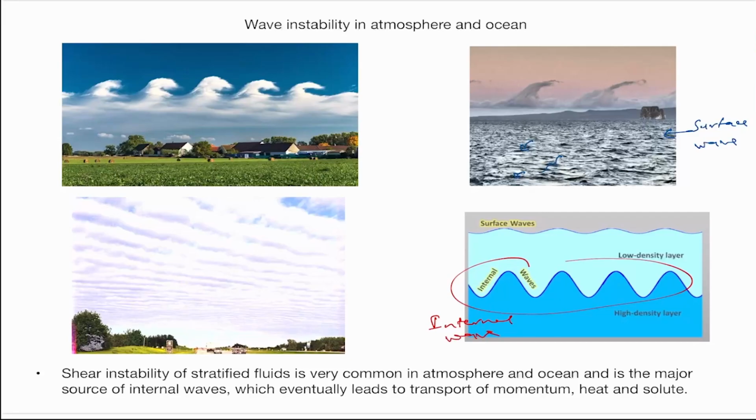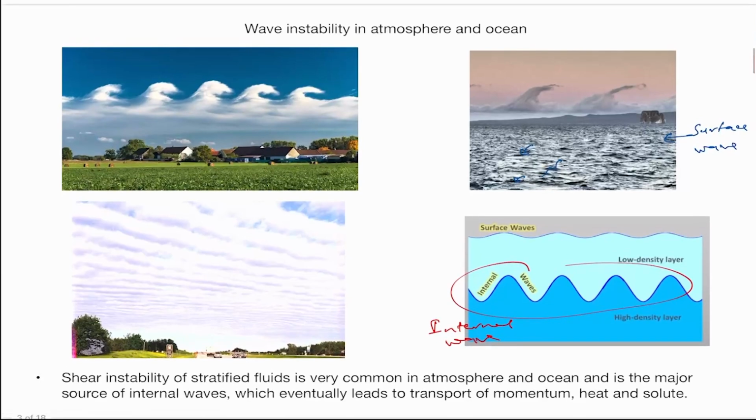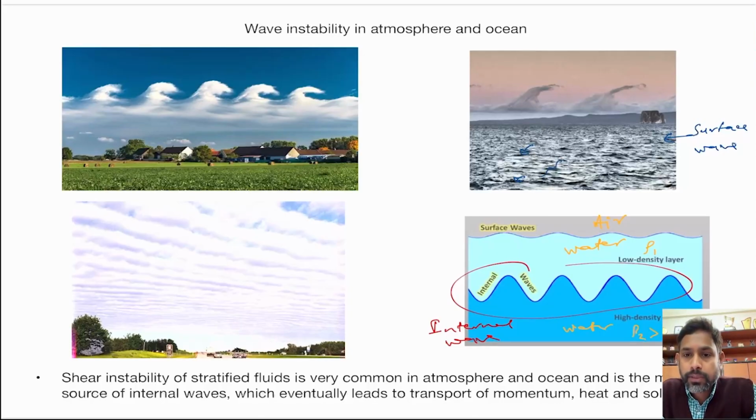Okay, and what is an internal wave? So you can see that there are 3 different layers of fluid. Let's assume this is air, this is water, and this is also water, but here the density is rho 1, and here the density is rho 2, which is greater than rho 1. Okay, so it is salt water, but there is stratification.